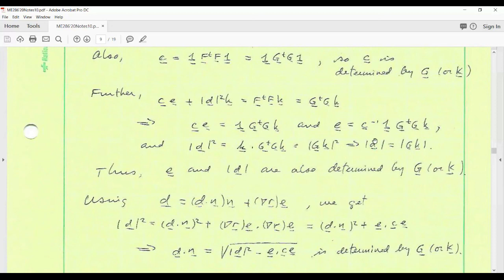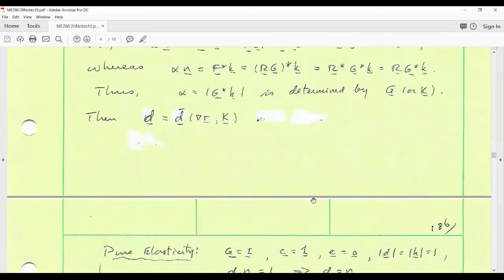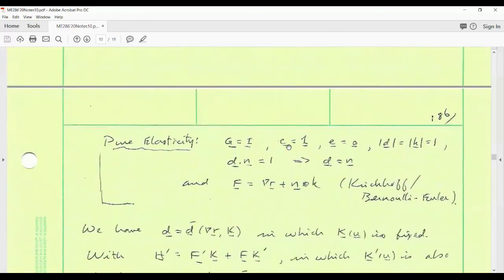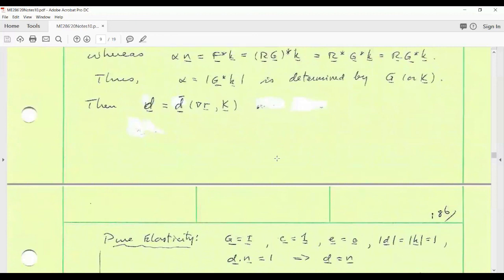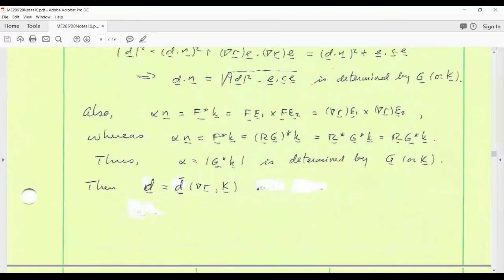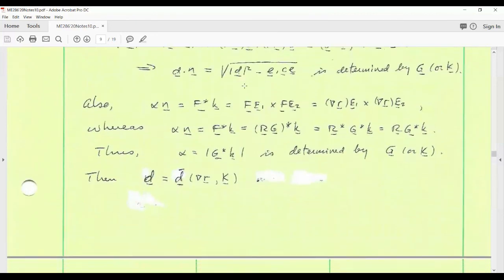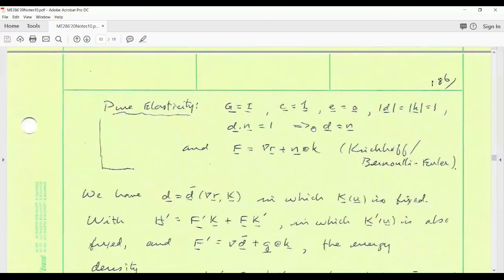Identity on K would be K, project that, you get 0, so E would be 0. G identity means norm D equals norm K and so on. So you get a big reduction. You get this, you get E equal 0, you get this. D dot N will equal 1 then, according to this formula we just derived. And that means D would be equal to the normal.